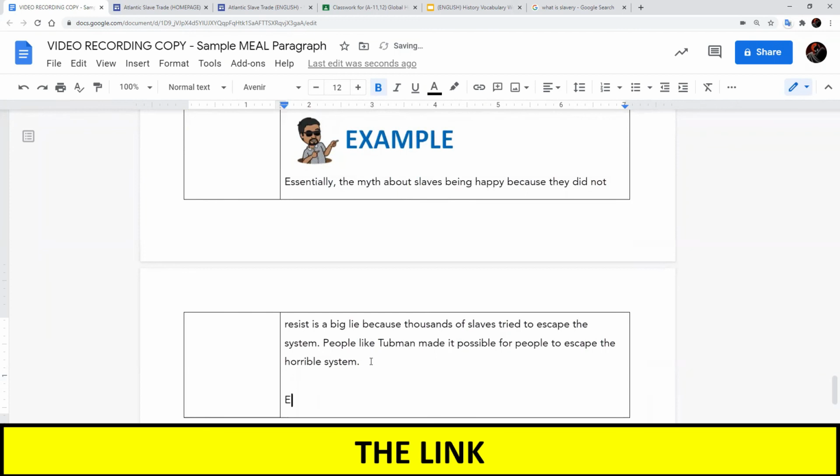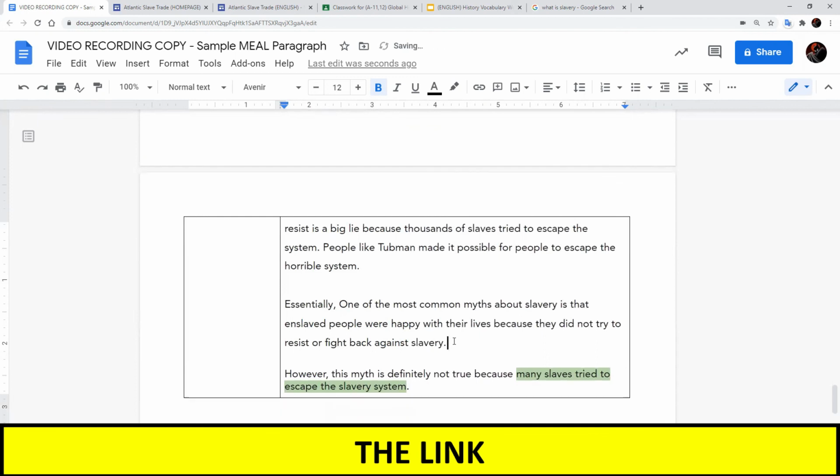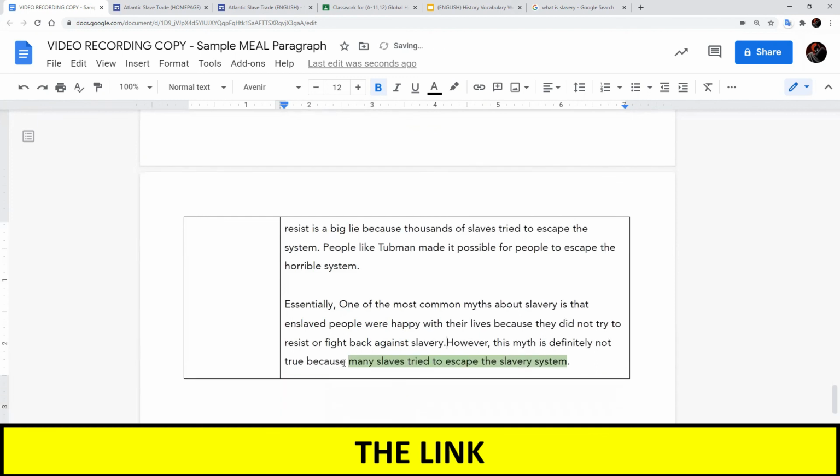You can say essentially, comma, and let's make sure these are together. Essentially, one of the most common myths about slavery is that enslaved people were happy with their lives because they did not try to resist or fight back against slavery. However, this myth is definitely not true because many slaves tried to escape the slavery system.